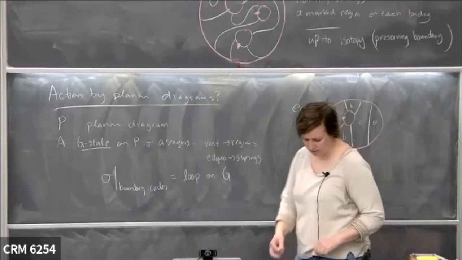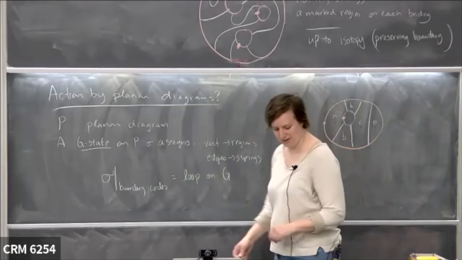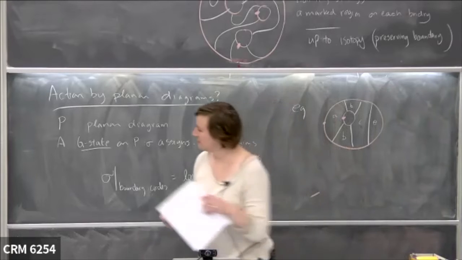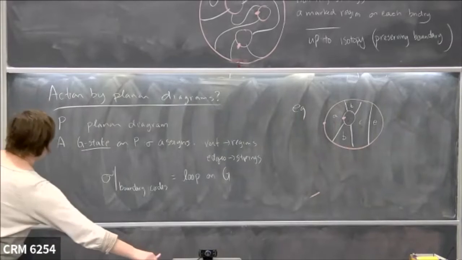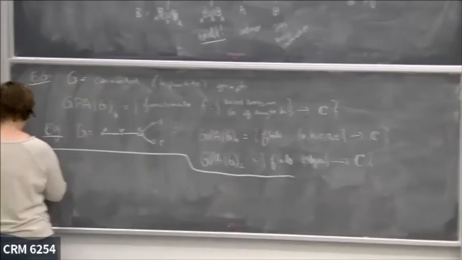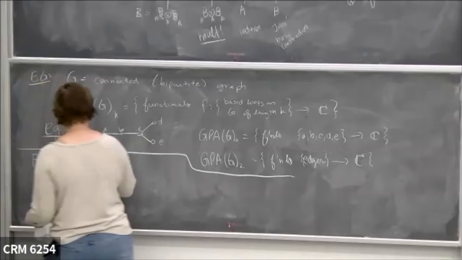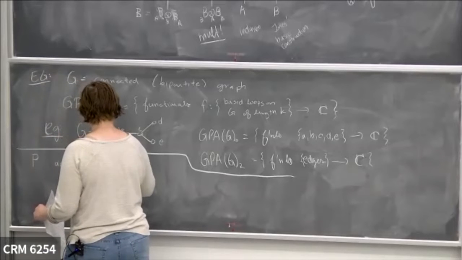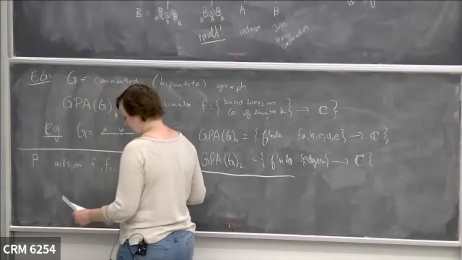So I will write this down. The full definition maybe isn't much clearer than what I just said, but let's be careful. Can I fit it on this board? I'm not using my boards very well. Okay. So P, a planar diagram, acts on functionals F1, F2 through Fi in the following way.